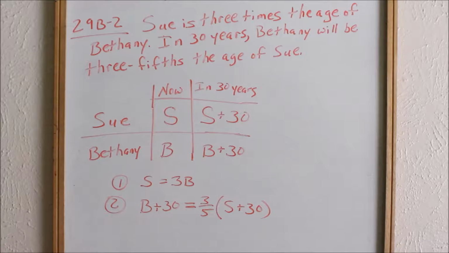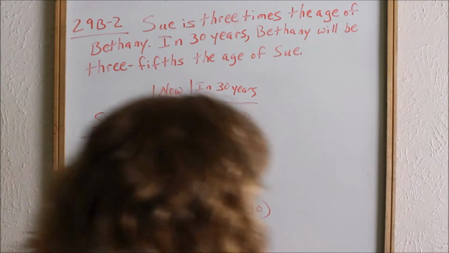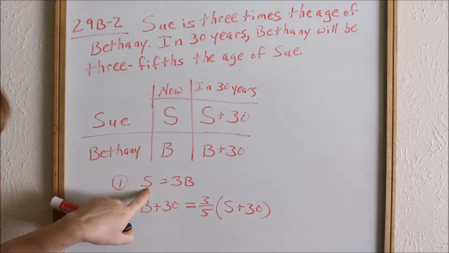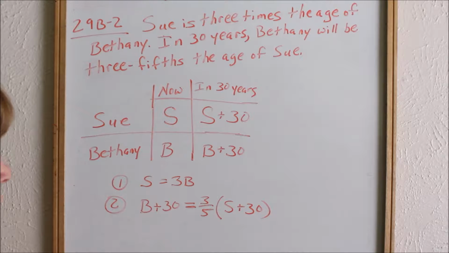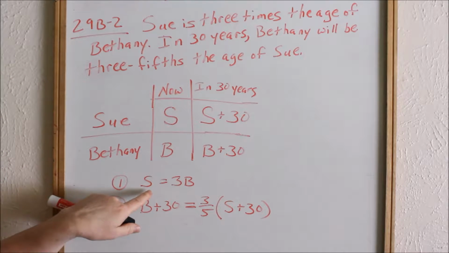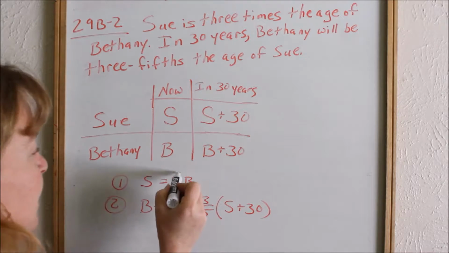So when you have two equations and two unknowns, you're either going to solve by substitution or elimination. Well, since I have S equals 3B, most of these problems are going to be by substitution. The majority of them will be. Because elimination means you have all letters on one side and whole numbers on the other side. Well, this is kind of a mixture. So I'm just going to use substitution. S equals 3B.